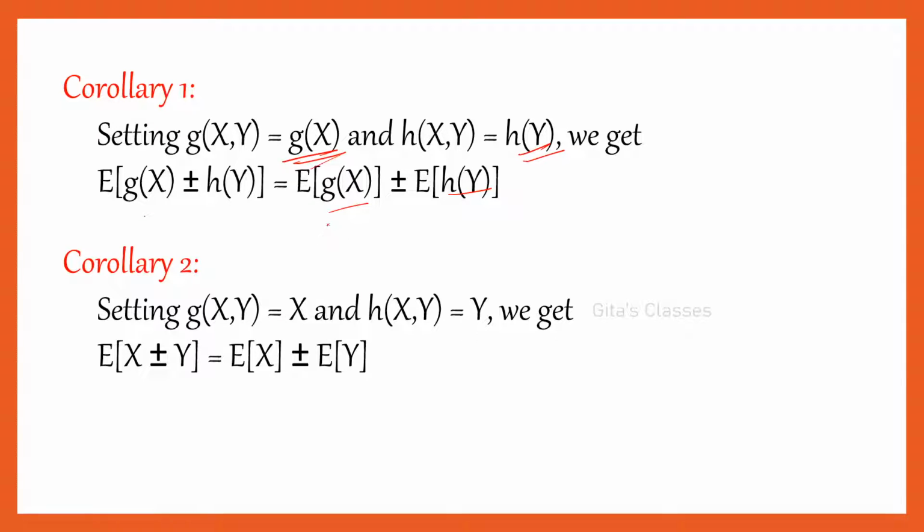Instead of g of x comma y, you have g of x alone in the first one, and in the second one, instead of h of x comma y, you have h of y alone. Similarly, if you take single variables, capital X and capital Y, then this becomes E of X plus or minus Y is equal to E of X plus or minus E of Y.